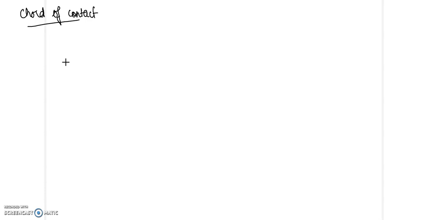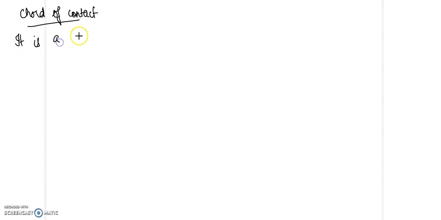So, we have a point which is not on the conic. From that point, there will be a pair of tangents touching the conic at 2 points. Join those 2 points, and that will give the chord of contact. So, that's the definition for the chord of contact.